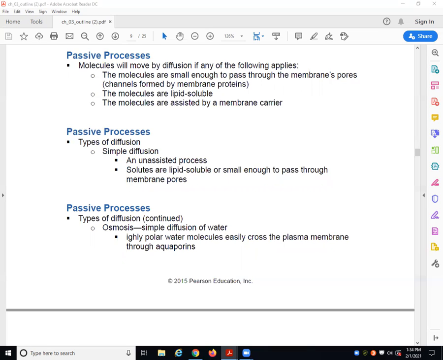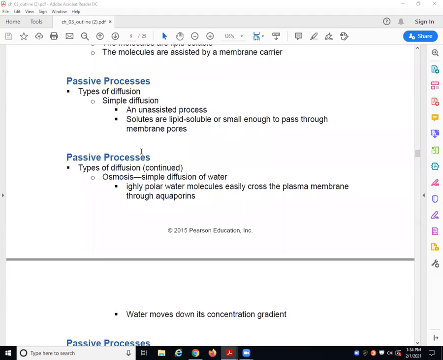If the molecules are soluble in lipids, if they can go through the membrane, they will diffuse. And if they can be assisted by some carrier protein in the membrane, they'll diffuse. So they can either go through a channel, go straight through the membrane, or go through a carrier protein that picks them up and takes them across. If any of those conditions are true, you'll get diffusion. If not, then you don't.